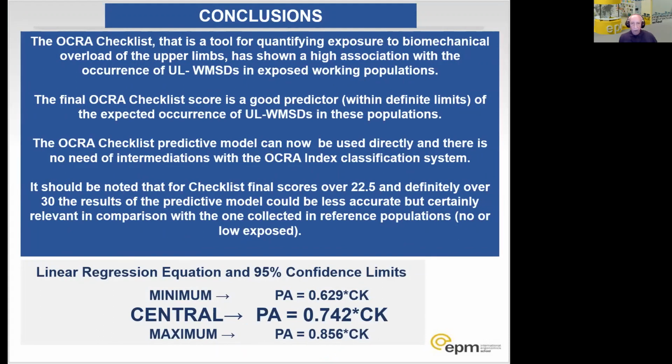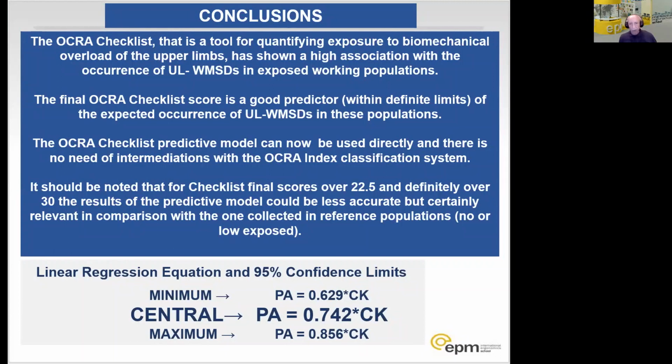So we can go to the conclusion that the OCRA checklist has shown a high association with the occurrence of upper limb musculoskeletal disorders in the exposed population. So the final OCRA checklist score is a good predictor, within definite limits, of the expected occurrence of upper limb musculoskeletal disorders in this population, and can be used now.